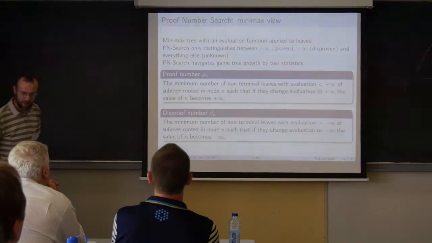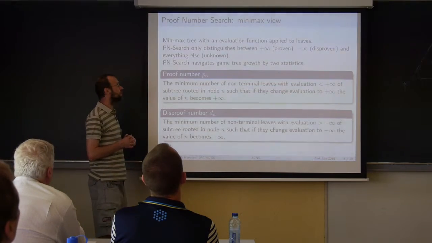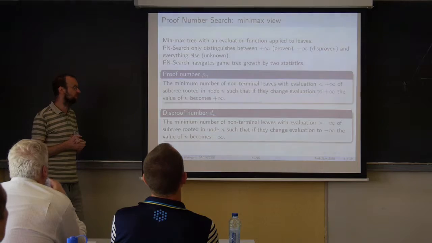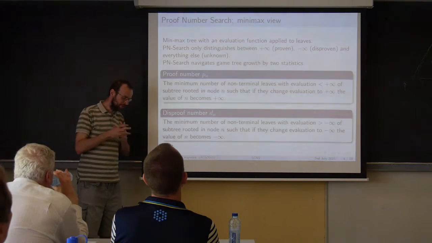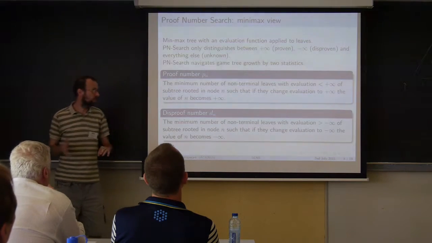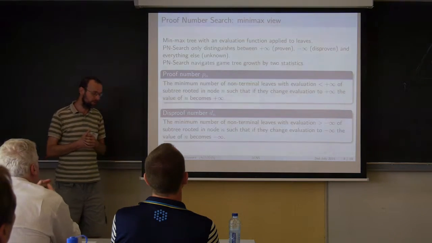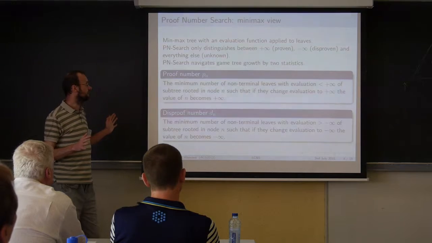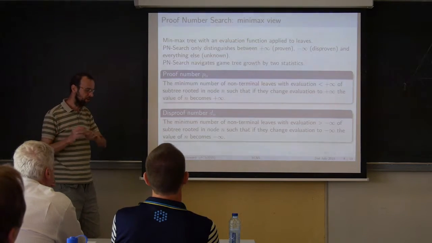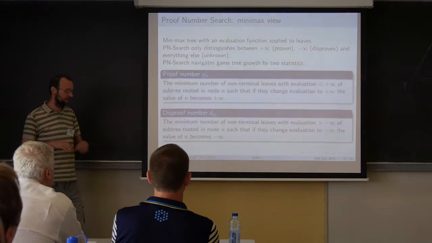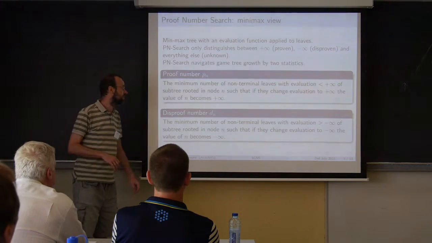So let's first have a look at proof number search. Normally, let's say we have a minimax tree, and we have an evaluation function applied to leaves. Proof number search is only interested in whether this evaluation is plus infinity, minus infinity, or everything else.